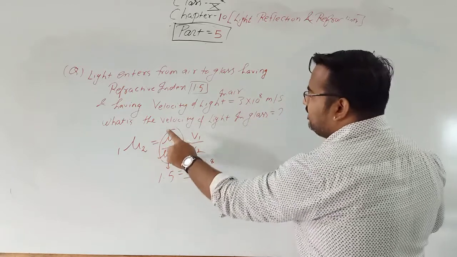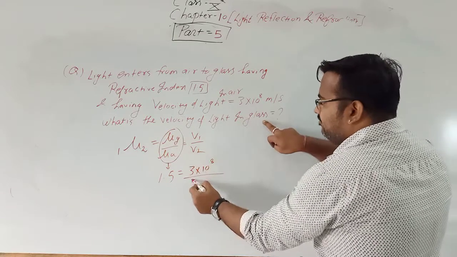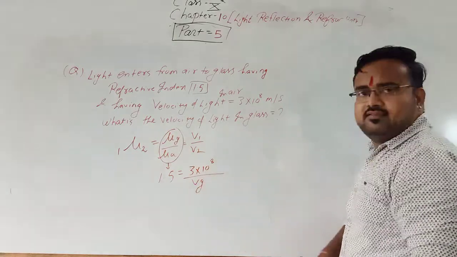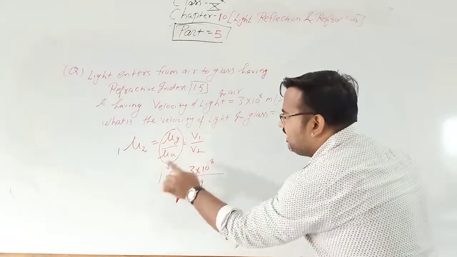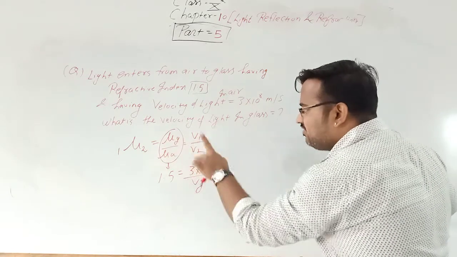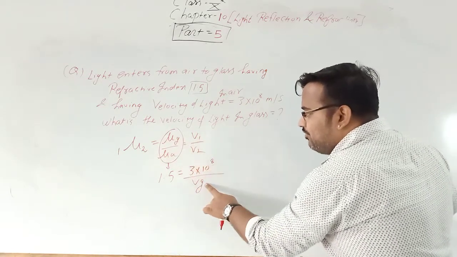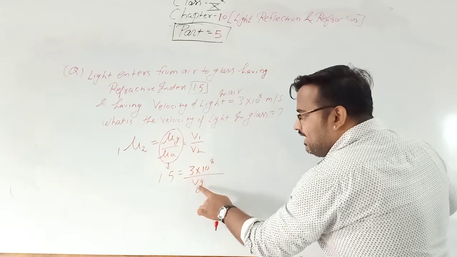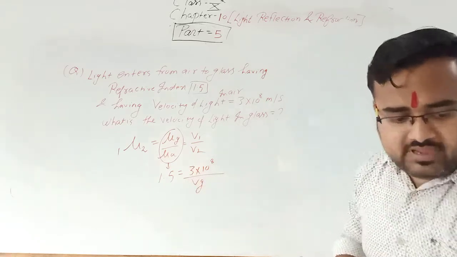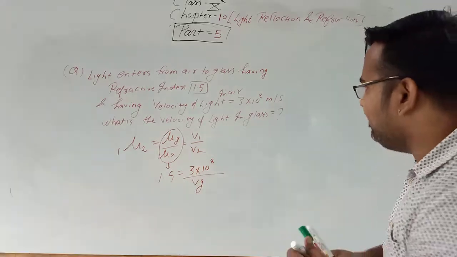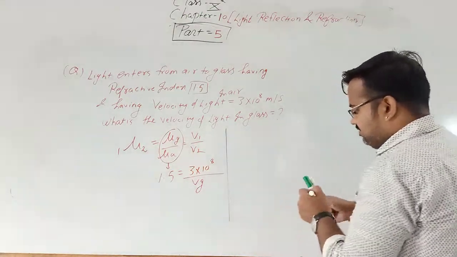We have to find the velocity of light in glass. Clear? See, this is the refractive index, the velocity of light in air, that is the first medium, 3 into 10 raised to 8. We have to find out the velocity of light in the glass medium. So we can solve it very easily.